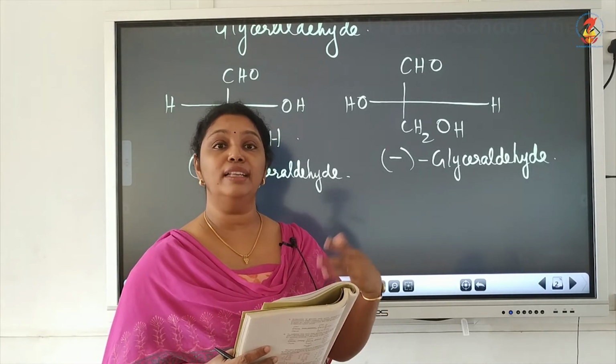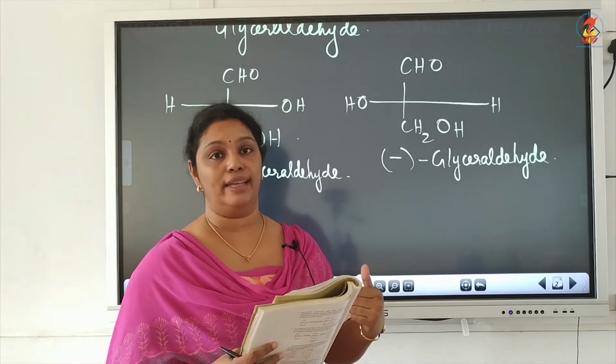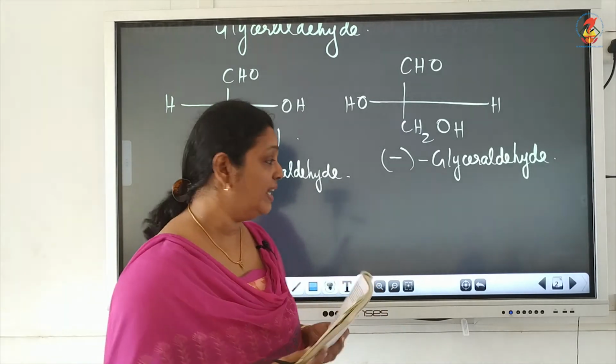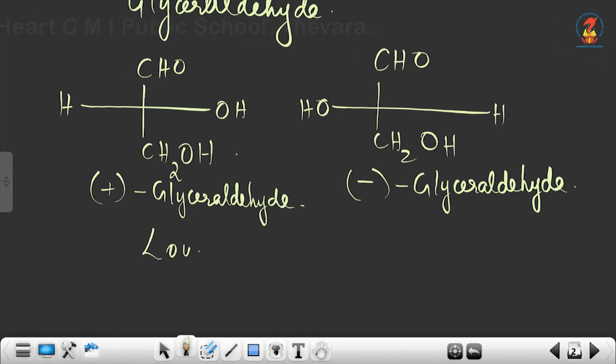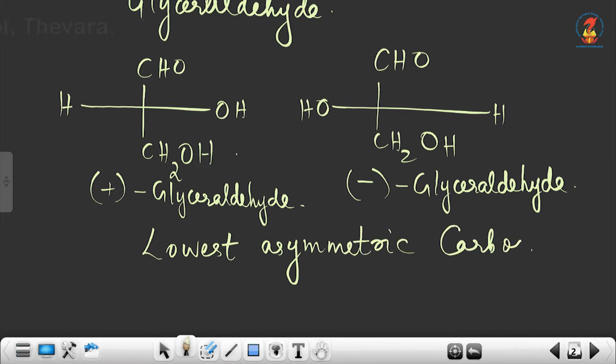For assigning the configuration of monosaccharides, that is our glucose, we consider the lowest asymmetric carbon atom and compare it with the structure of glyceraldehyde.